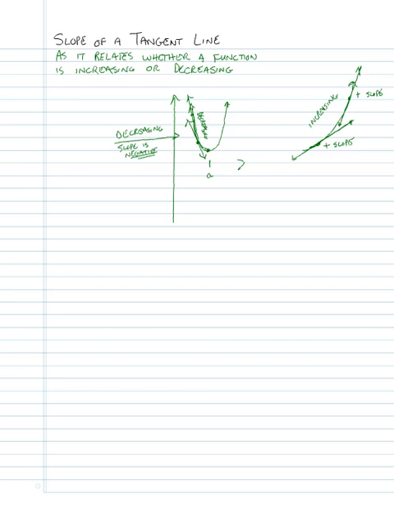And it doesn't take very much convincing to understand that when the graph is decreasing, that is, when the function is decreasing, going down, the slopes of tangent lines are negative.